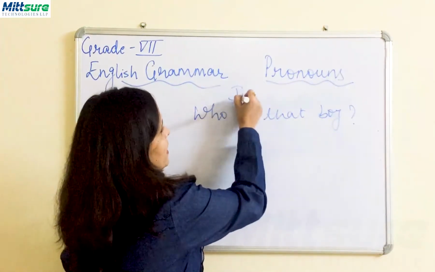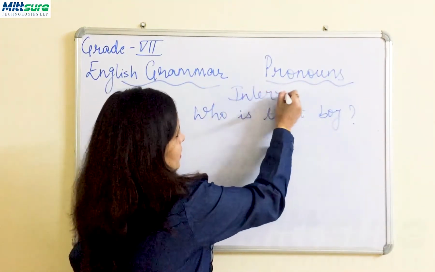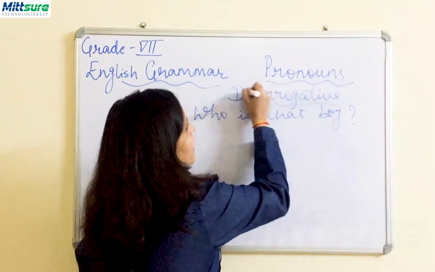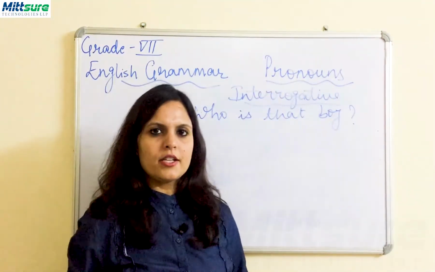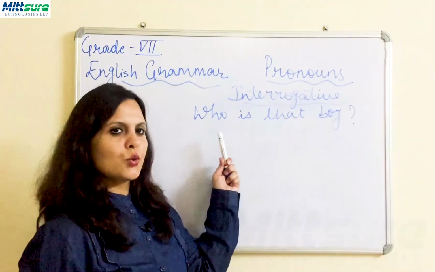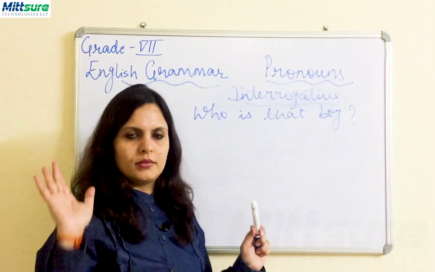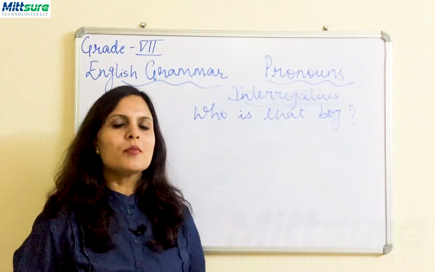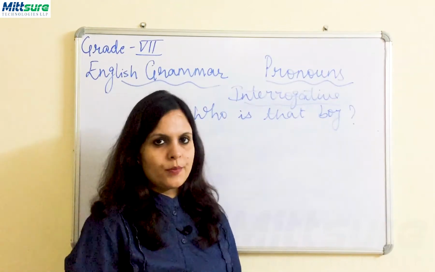Question means interrogation. We have done it in types of sentences, interrogative as in asking the question. So who is used in place of the noun in the beginning of the sentence. Hence it becomes an interrogative pronoun.